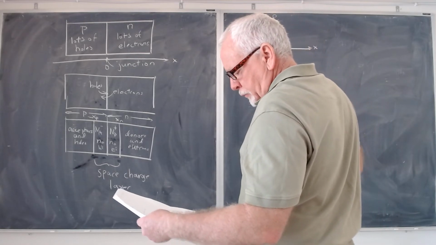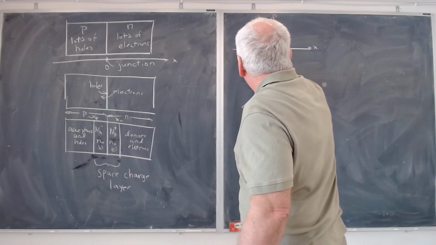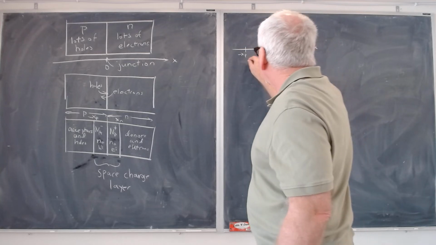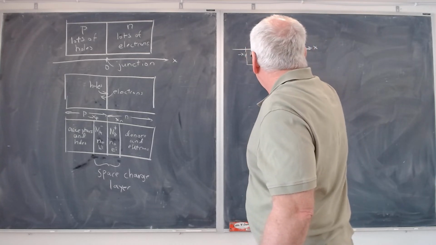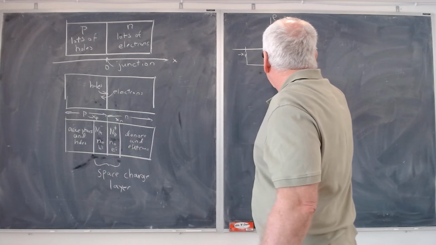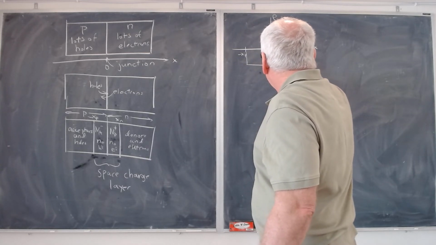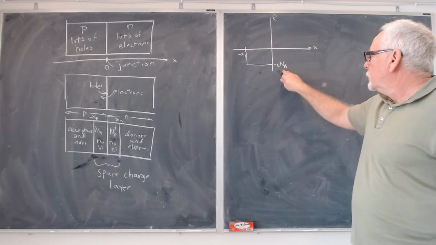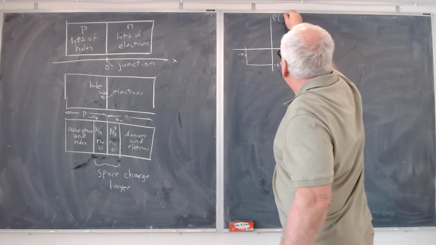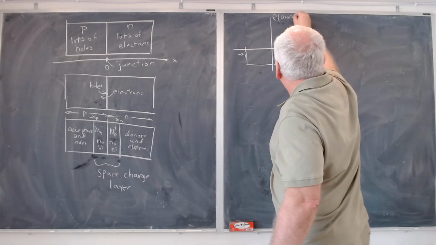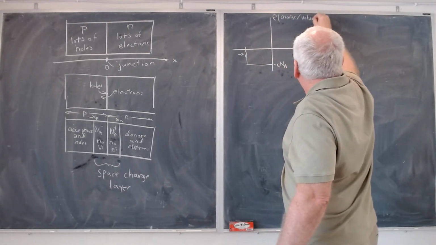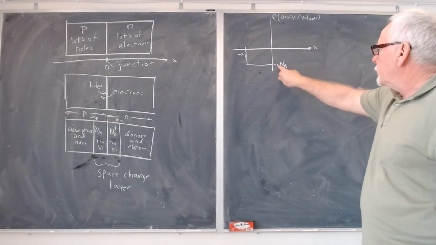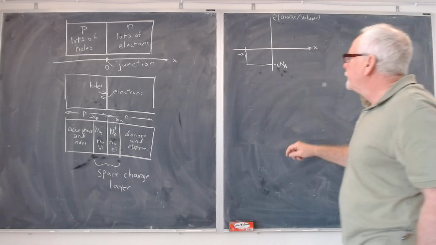So this is negative x sub p, and on the P side it's negative, and its value is negative e N sub A. I had to put the e there to get charge from, remember, charge density is charge per volume. Acceptor ions is number of acceptor atoms per volume, and so I multiply that times the charge on an electron to get the charge per volume.